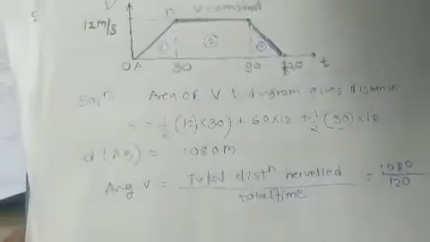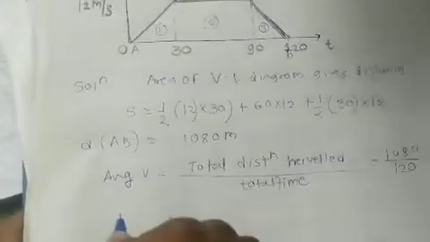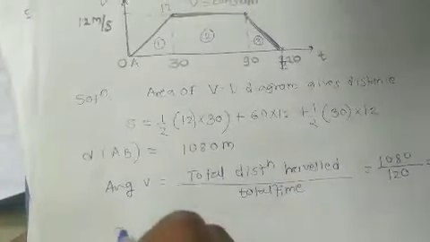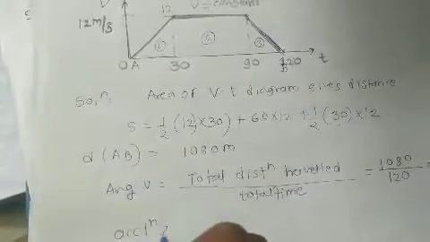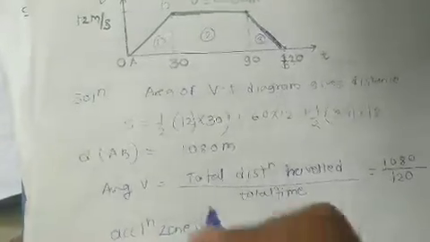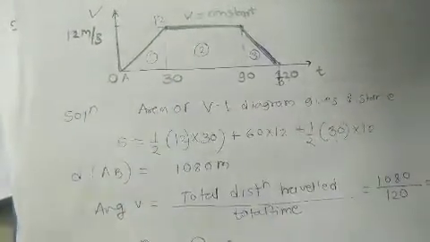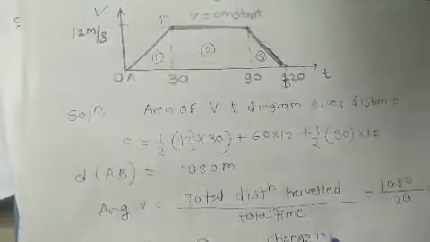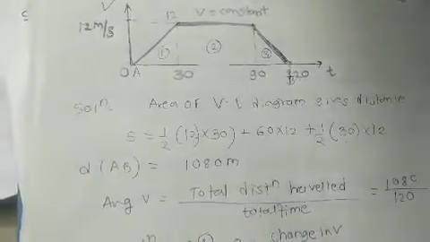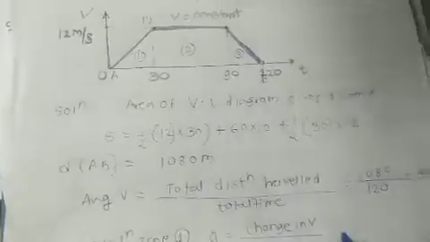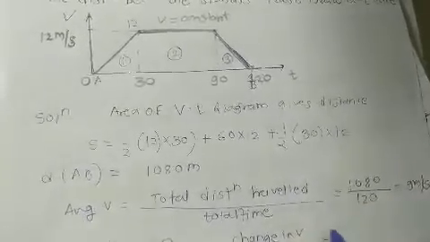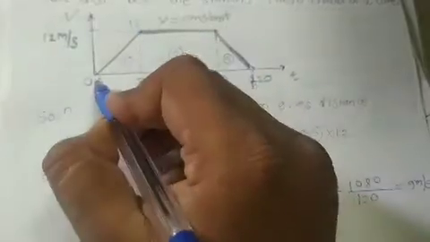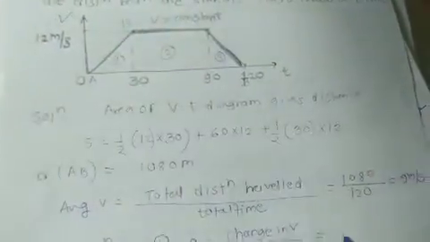So this was asked. Now we have to plot the AT curve, and for that we need to find out acceleration in various zones. So acceleration in zone 1: acceleration is nothing but change in velocity upon change in time, that is v2 minus v1 upon t2 minus t1.